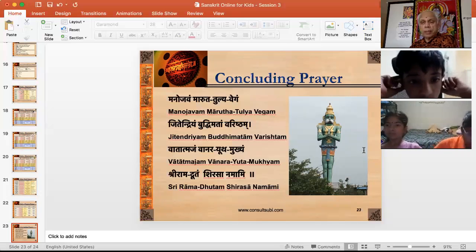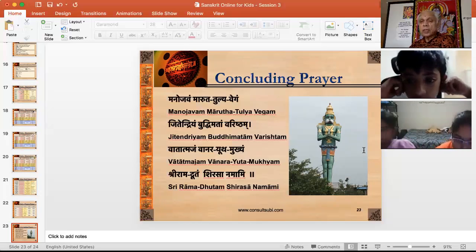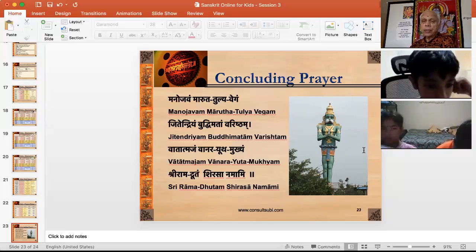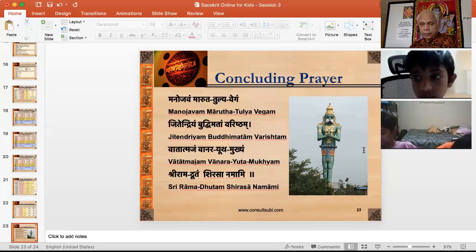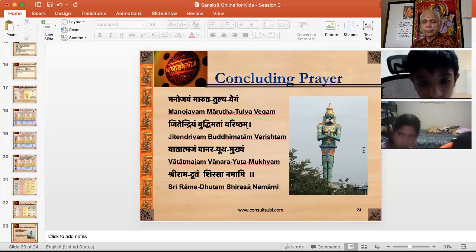If you have a piece of paper and pencil, just note down the meanings so it's easy for you to use it later on and also remember it when you say this prayer. You might know this prayer because it is a very common prayer for Hanuman. Hanuman himself is a very valiant person, and usually we conclude many activities with a prayer to Hanuman.